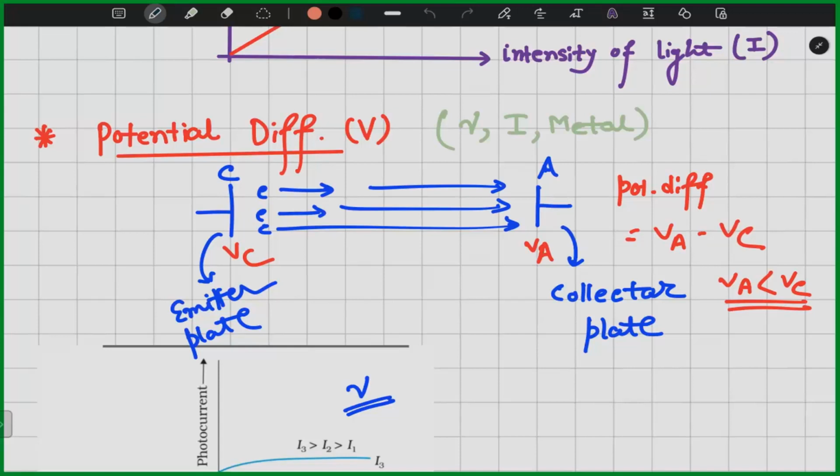After radiation of light on plate C, some electrons are emitted, and the potential will either help or restrict their flow depending upon the potential gradient.